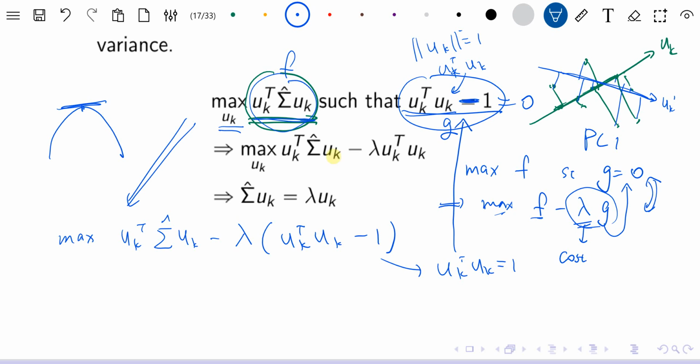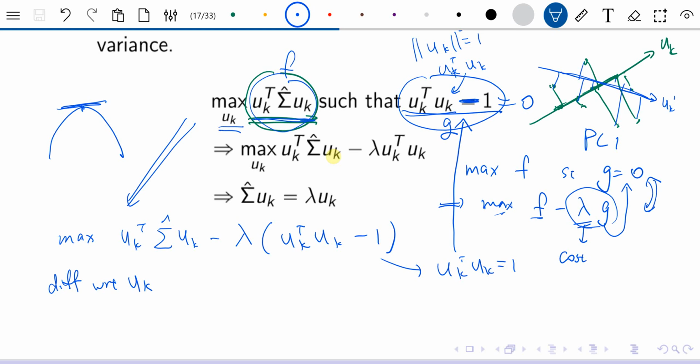And the other one, the interesting one, is differentiating this whole thing with respect to UK. So now you need to remember how to differentiate something with a vector. The easy way is to find the list of formulas, so you use the formula directly. Another thing you could try is differentiate with respect to each element of this vector and then combine it back.